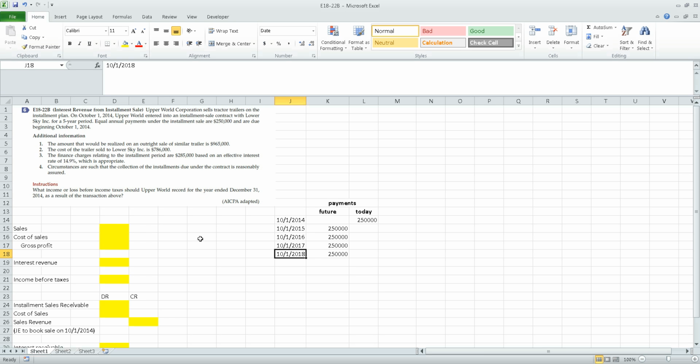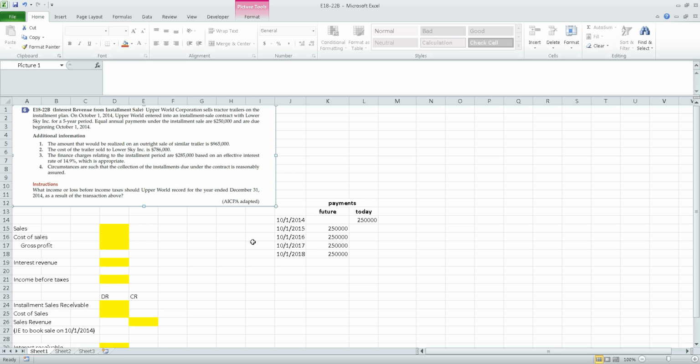Now, let's look at the additional facts. Factoid 1 tells us that the amount that would be realized on a sale of this trailer for cash, if somebody wanted to come along and pay cash, would be $965,000.